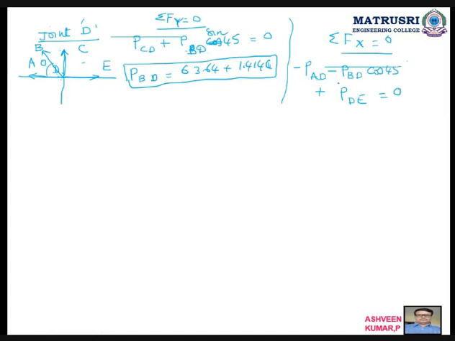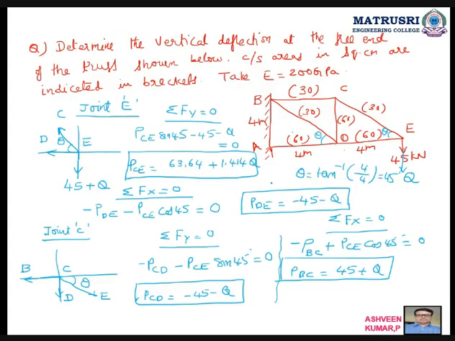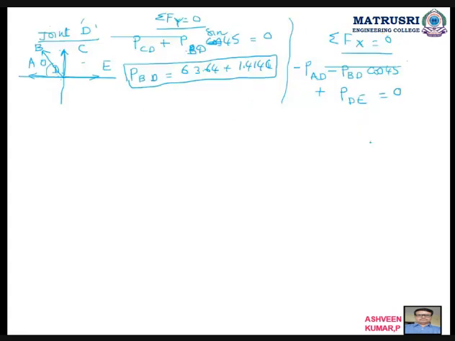P_DE is already known to you, and P_BD is also known to you. Substitute this and you will get P_AD is equal to minus 90 minus 2Q. This is the substitution part only.